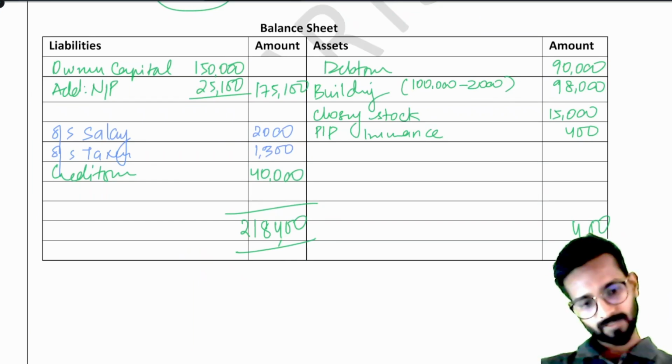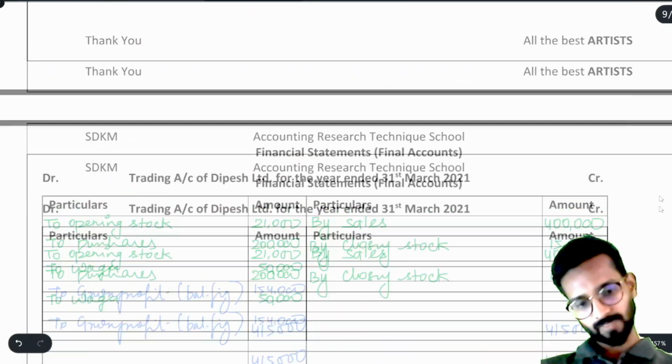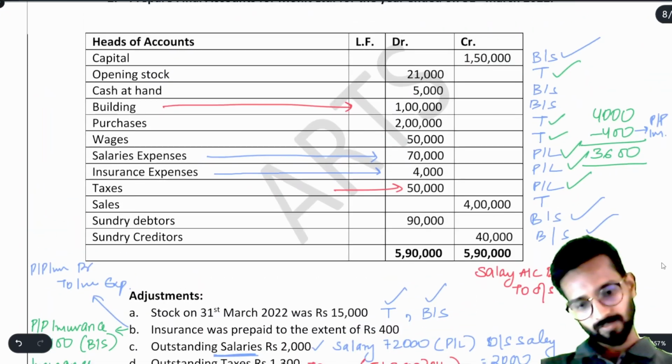Yeah, we have to write some item from the balance sheet. Yeah, we have to write cash at hand, no? This thing, 5,000 rupees.